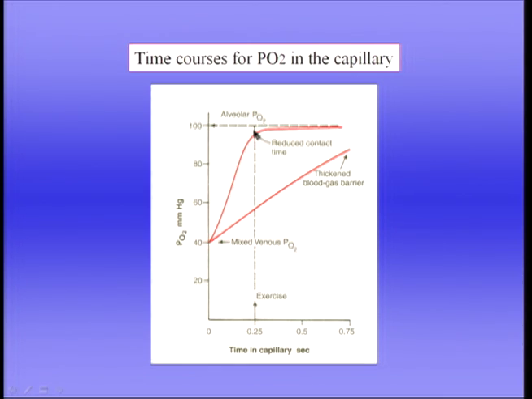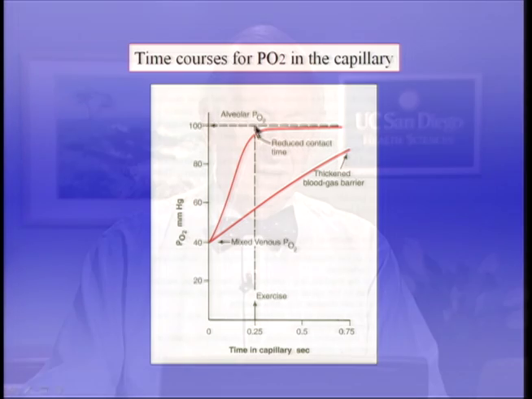And you know, this is what you would expect from evolution. Evolution covers all the problems that we're likely to be faced with, but with one or two exceptions for the people at the very far end of the distribution. So that's the first way we can challenge the diffusion process, by exercise reducing the contact time.